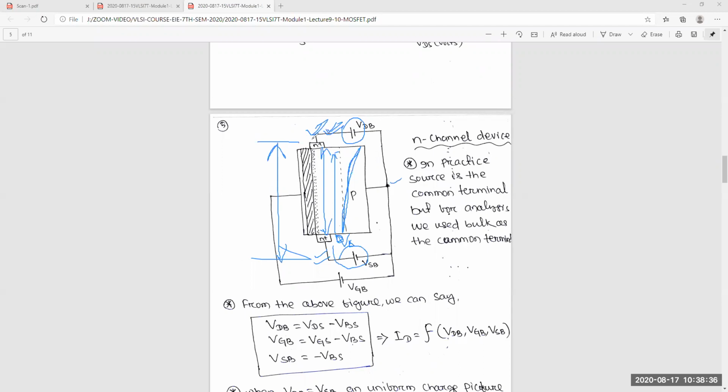This part increases, which means this voltage will increase. Okay. So finally this voltage will decrease. If this voltage decreases, then this inversion charge will decrease or not? That means the control of the gate at this side will decrease or not? Yes, sir. That means the inversion charge slowly decreases in this region.